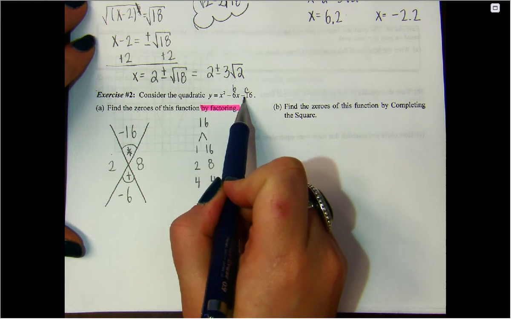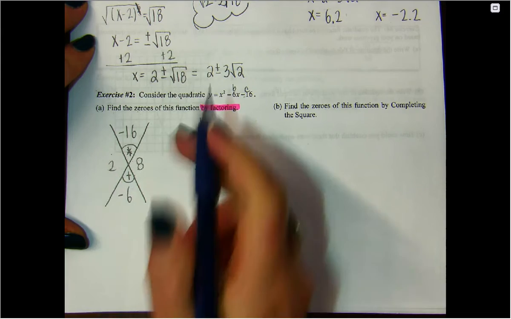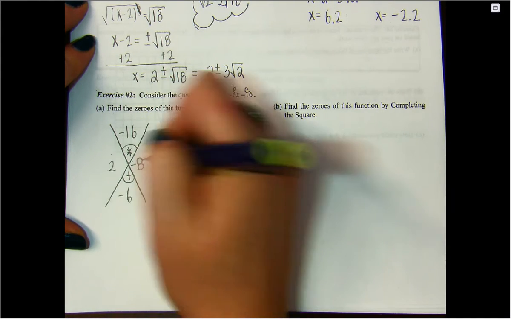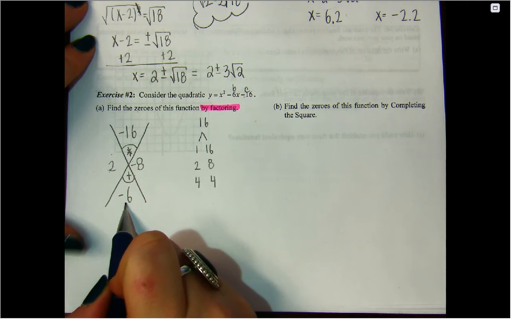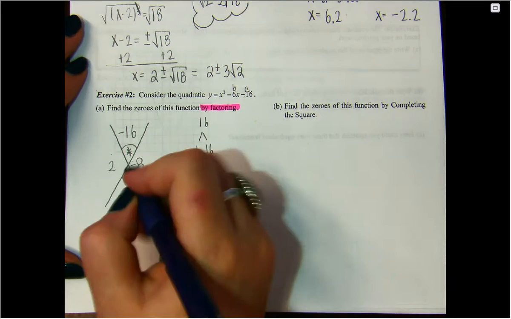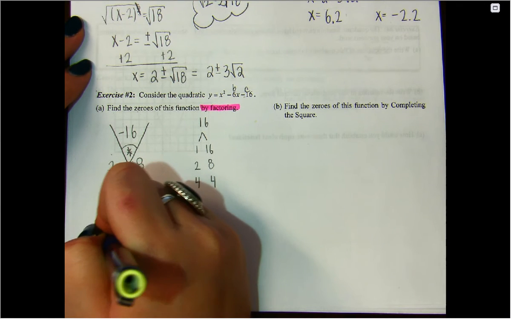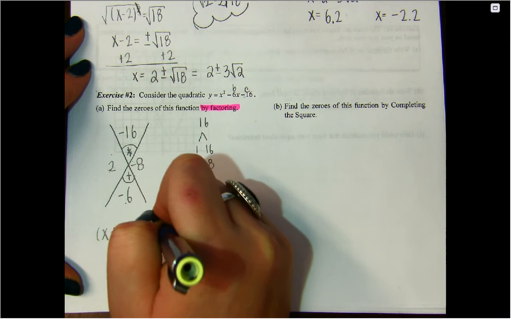These both have opposite signs, and this one has to be negative. So negative 8 plus 2 is negative 6. Negative 8 times 2 is negative 16. Perfect. So what are my factors? My factors are x plus 2, x minus 8.